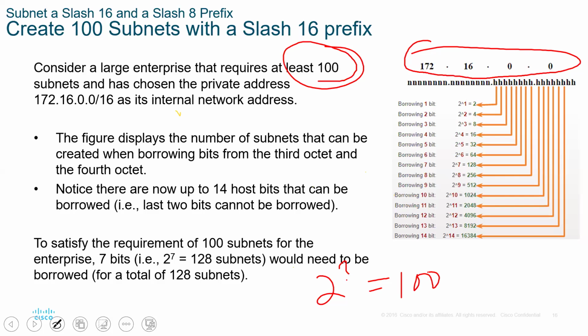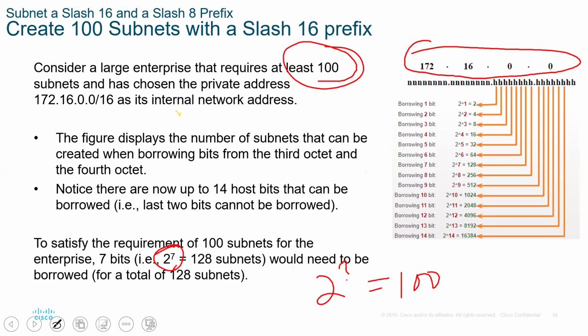You do 2 raised to the power of 7, which gives you 128. So what is this 7 in this case? This 7 is the number of bits that you're going to borrow.